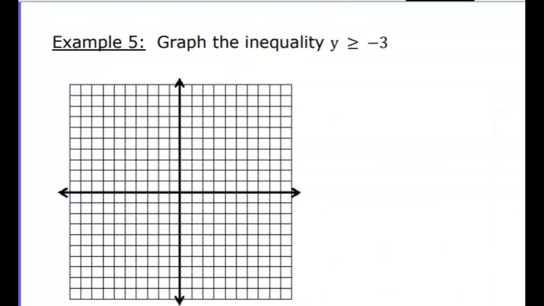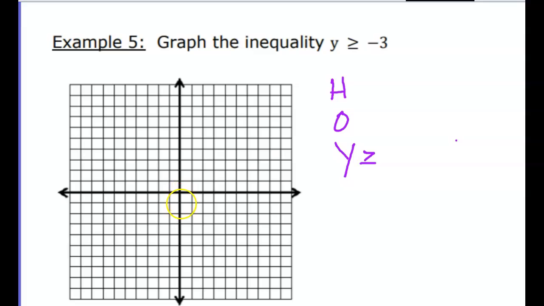Okay, the next example, we have y is greater than or equal to -3. Well, there's only one variable. Just like with linear equations, this is our special case, a horizontal line, because we're thinking of y. It's a horizontal line at y is greater than or equal to -3.